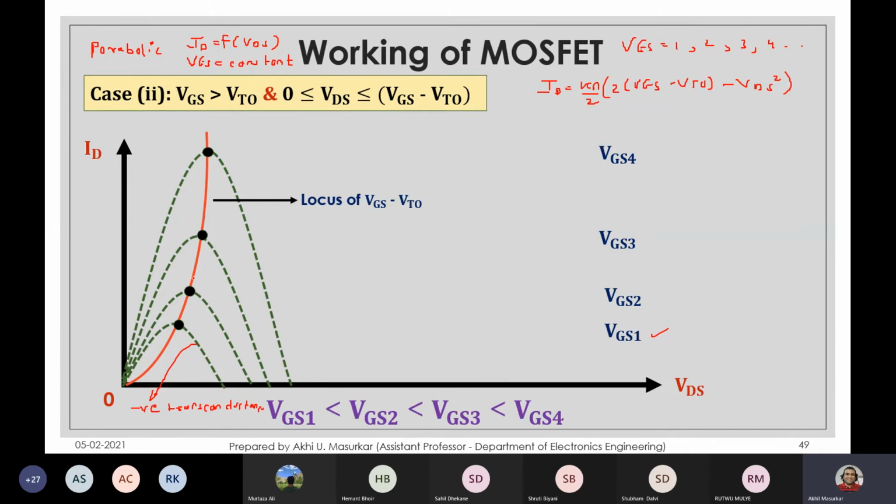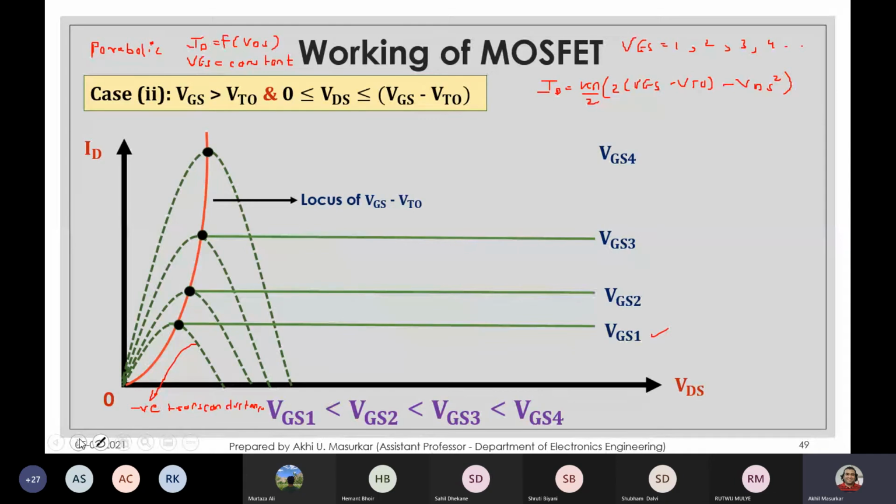It is a function of ID versus VDS, that is current versus voltage. So a practical MOSFET does not exhibit negative transconductance. In fact, the current remains constant.